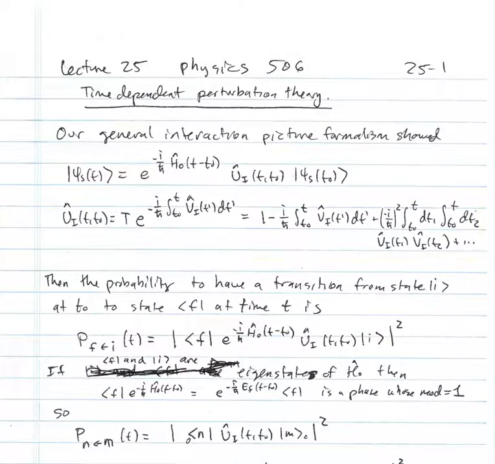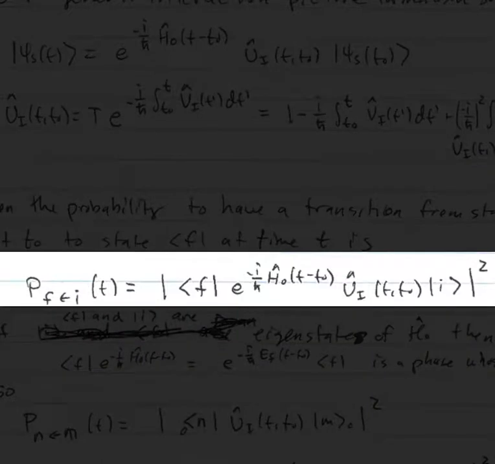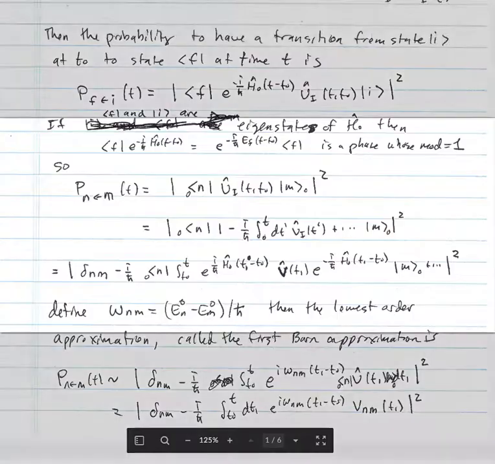Okay, so we can just substitute that in. That will tell us what psi of t is, and if we're interested in what is the probability to have a transition from some initial state i to some final state f, it will simply be the modulus squared of the overlap of the final state with whatever the wave function is at time t. And we can write that in the following way.